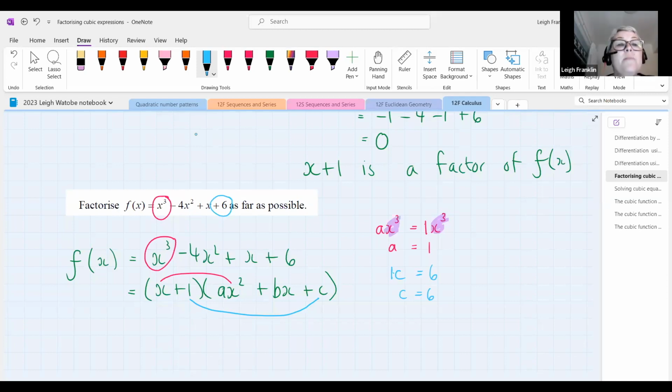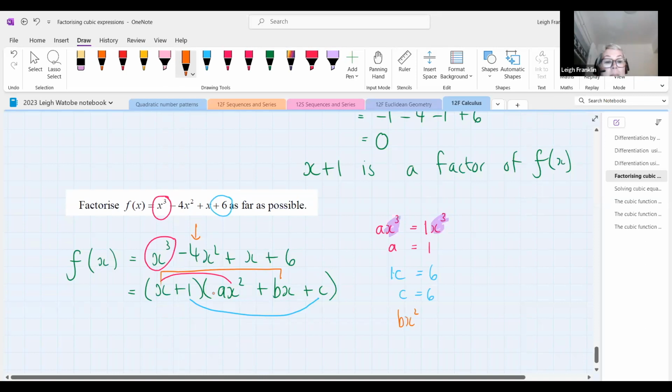Now, this is the part that's just a little bit more tricky. In order to work out the value of b, I'm going to use the -4x squared term. But there are 2 places in my multiplication where I'm going to get an x squared term. I get an x squared term when I multiply x with bx, which gives me bx squared. And I also get an x squared term when I multiply 1 with ax squared.